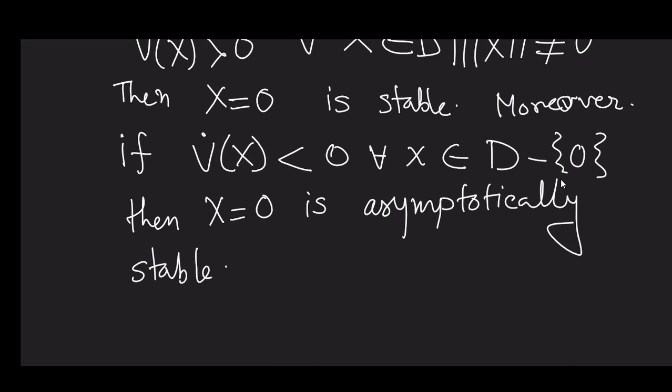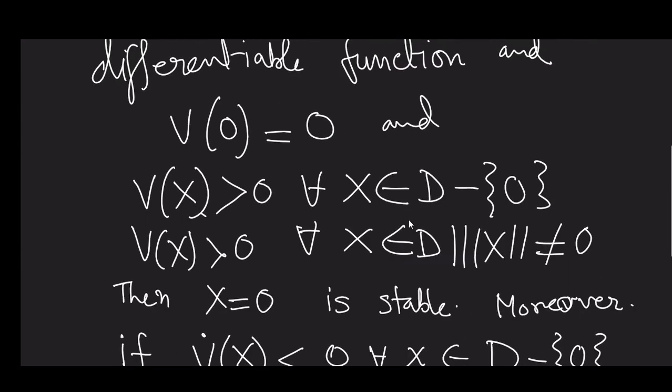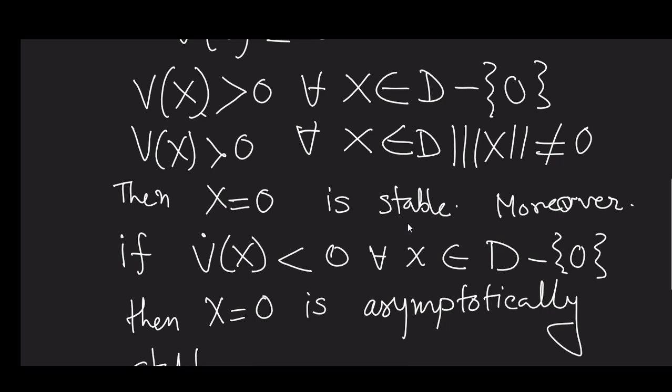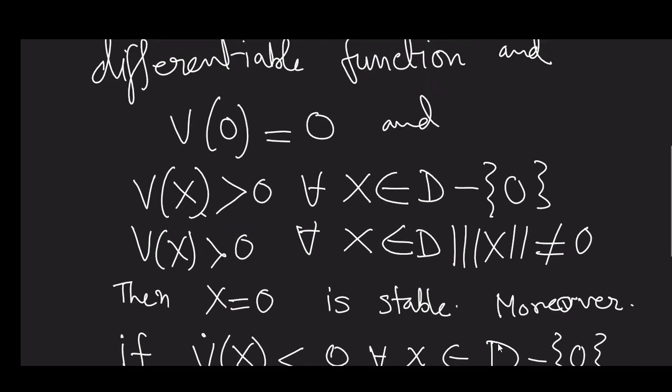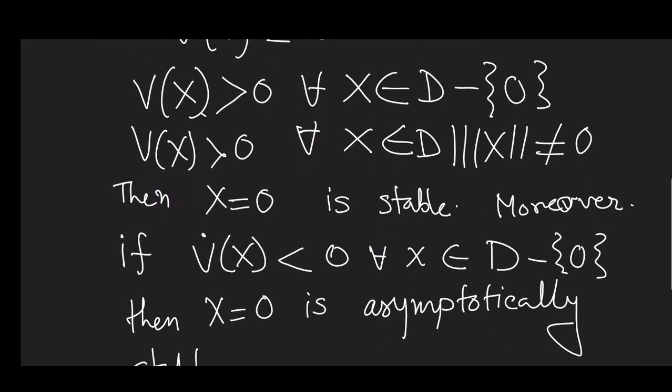So the idea of this problem is very clear: if your V is positive definite and it has this property. Oh sorry, I forgot to write one part, that then x equals 0 is stable when V dot x is less than or equal to 0. I just forgot to write it for normal stability.